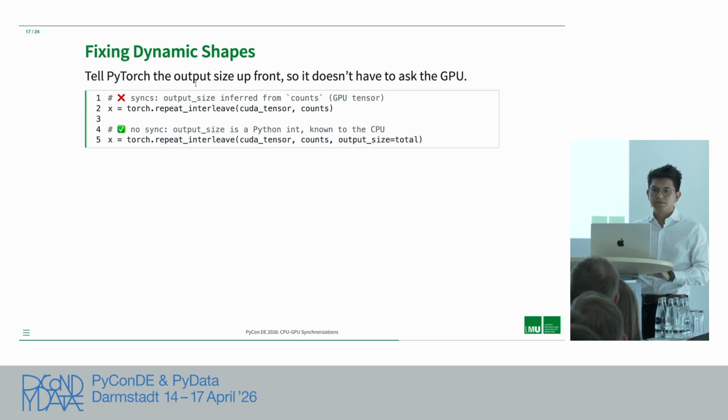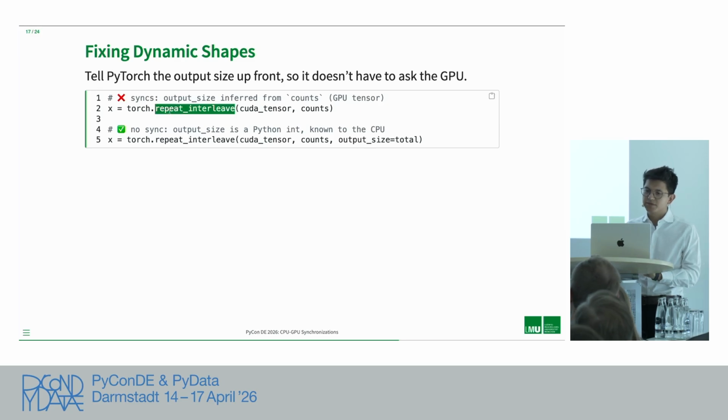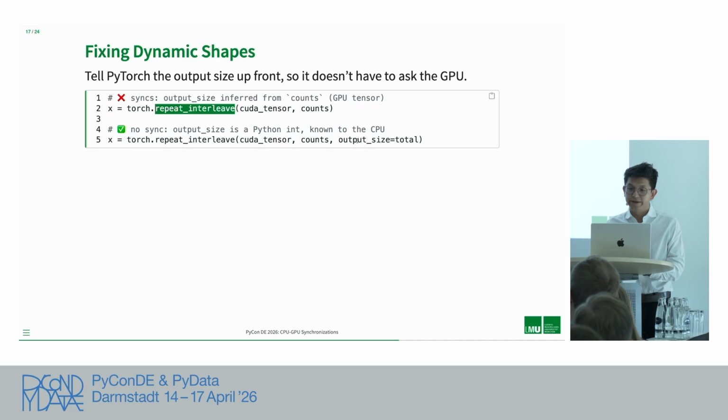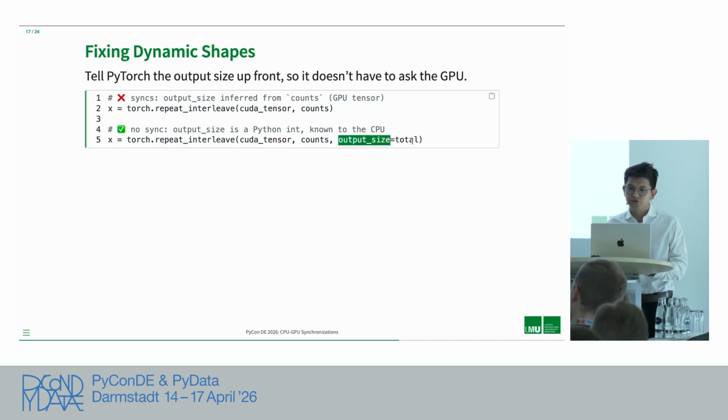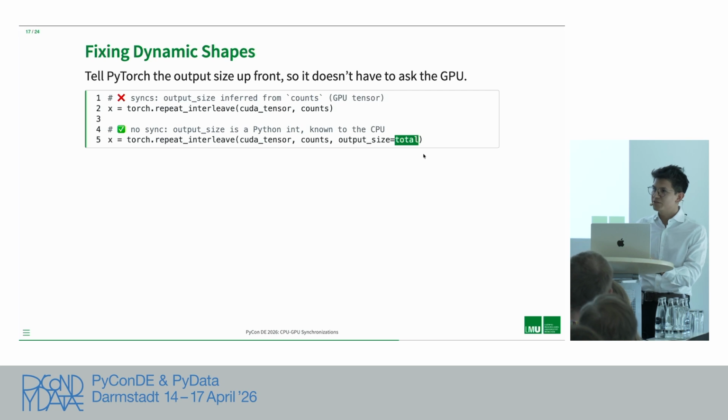There are ways to fix this issue with dynamic shapes. So, for example, this function from Torch called repeat interleave has an optional parameter that you can pass that tells Torch how large the output will be. So you tell it the output size is total. This can be an integer, let's say 10, 20.